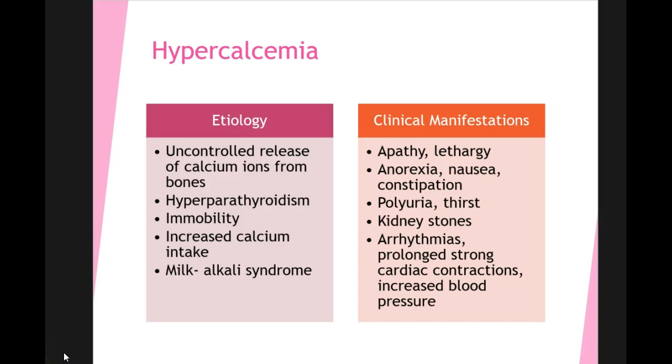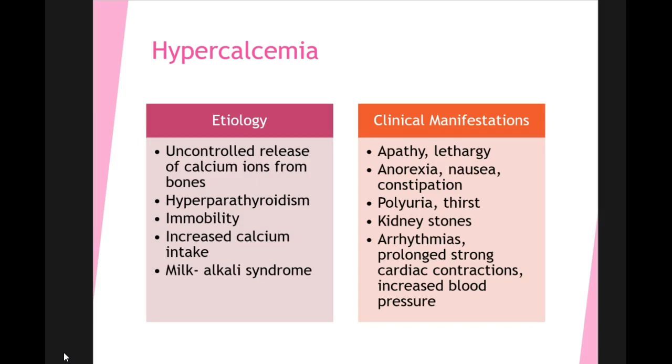Hypercalcemia is the excessive serum levels of calcium, and it frequently results from an uncontrolled release of calcium ions from the bones. This can be due to a malignant neoplasm that directly destroys the bone, and some tumors like bronchogenic carcinomas even secrete parathyroid hormone.